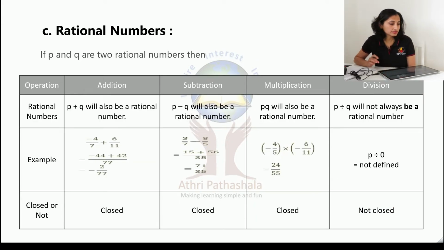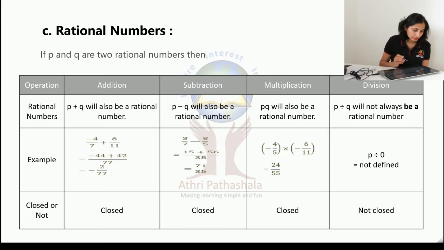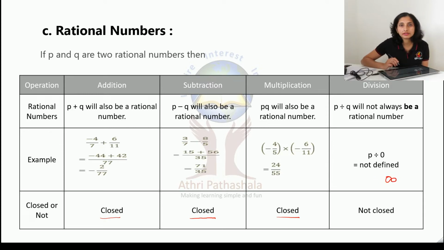Next, we have to check the closure property for rational numbers. Rational numbers are closed under addition, closed under subtraction, and also closed under multiplication, but not closed under division, because if you take any number and divide by 0, you will get an undefined number, that means infinity.